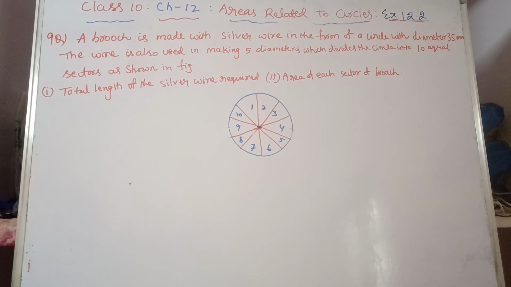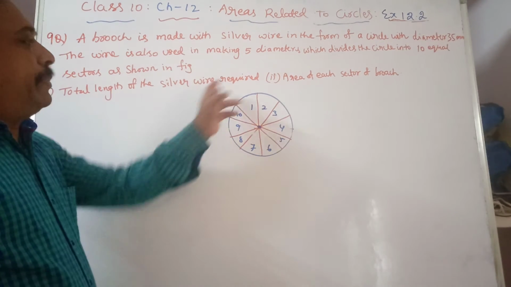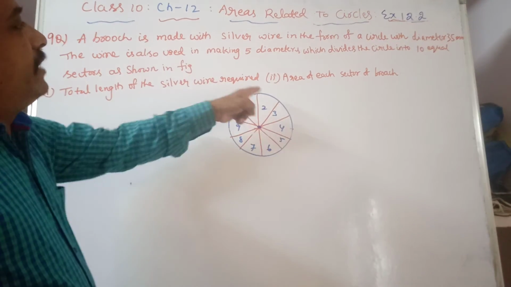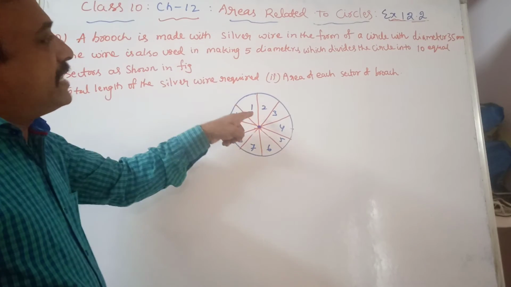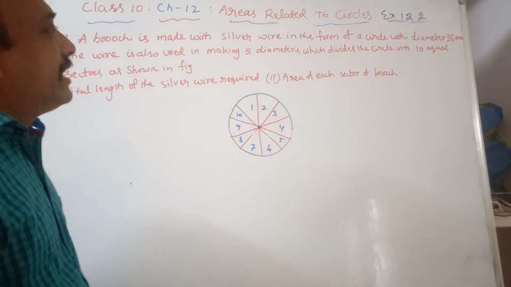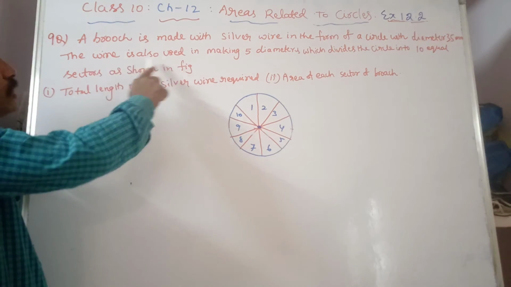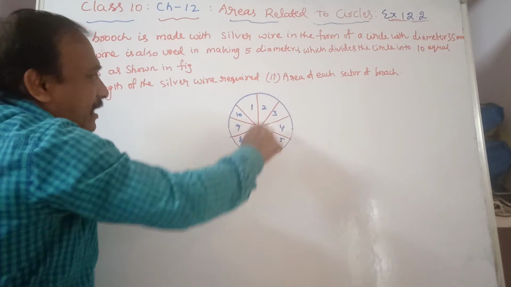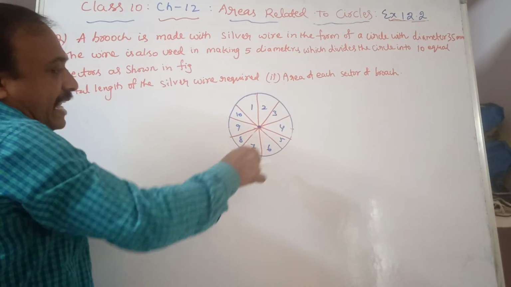So they made a brooch with silver wire in the form of a circle and 5 diameters. The diameter of the circle is given as 35 millimeters. The wire is also used in making 5 diameters. You see, first diameter, second diameter, like this 5.